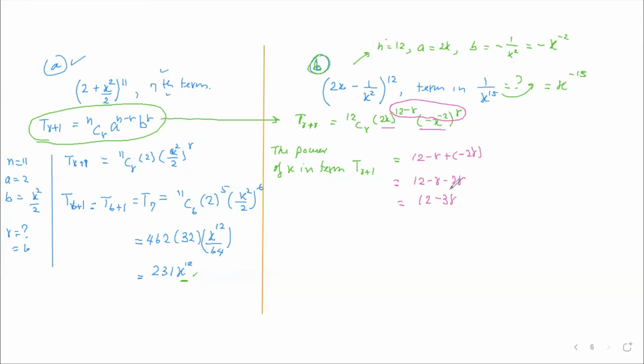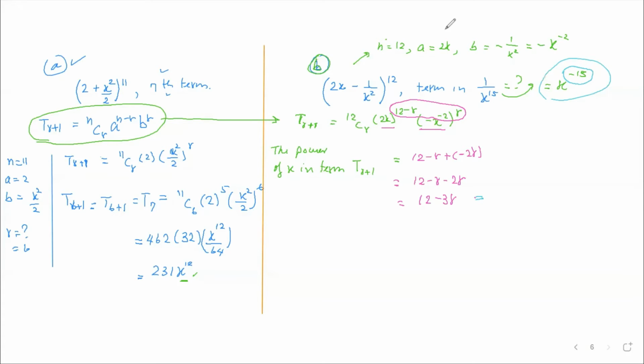Okay, when we have minus 3r, but because this one is the power of x in terms of this one. At the same time, this power will equal to this one. Equal to the power only, okay? The power of that one.